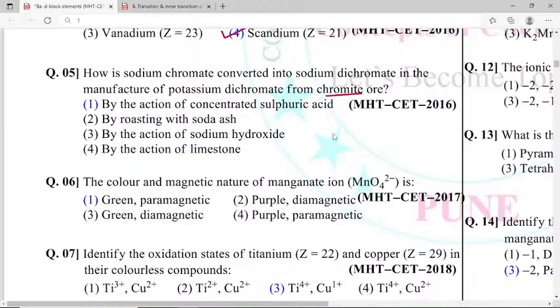By the action of concentrated sulfuric acid. Yes, it is correct. Sodium dichromate is converted into potassium dichromate from chromite ore by the action of concentrated sulfuric acid, H2SO4.